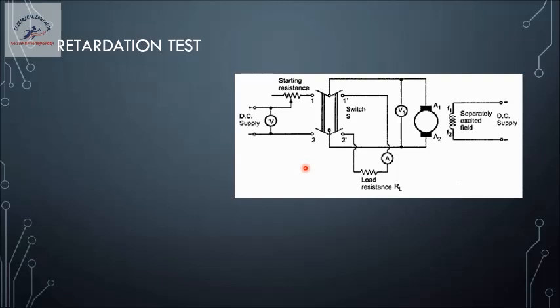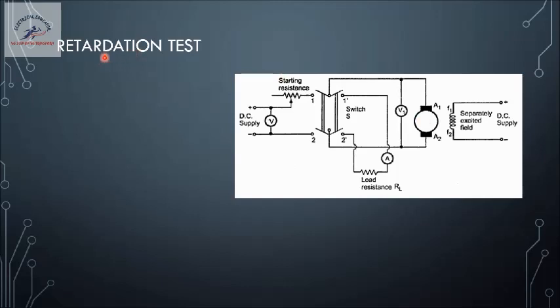If there is no friction, then this machine will never stop even if we remove the armature supply. But since there is friction and windage present, the moment the armature supply is disconnected, the rotor starts reducing its speed and eventually it will come to rest. So this is the principle of operation of a retardation test.